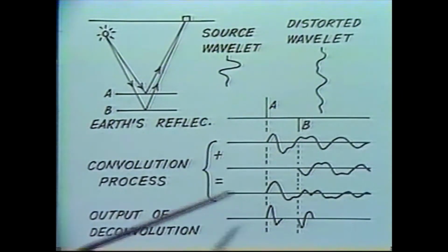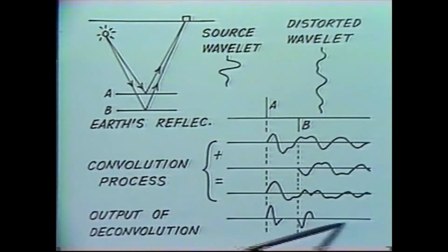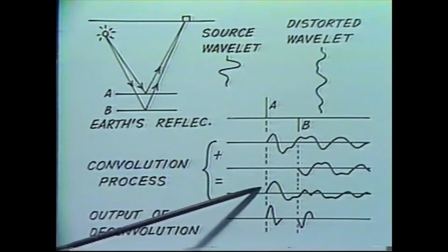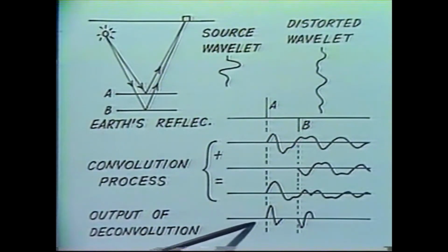In other words, deconvolution will allow us to get better resolution in our processed seismic trace. On the raw trace, it's very difficult to distinguish the two different reflectors. On the deconvolved trace, we can easily recognize two distinct reflection events.